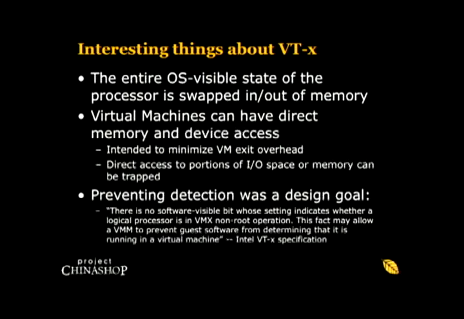This allows us to do fun things like migrate OSs into VMs on the fly, because after the transition, nothing has changed for them. If they're not aware of virtual machine operation, of detecting that they're in non-root or root, they have no clue. They have no way to detect that.